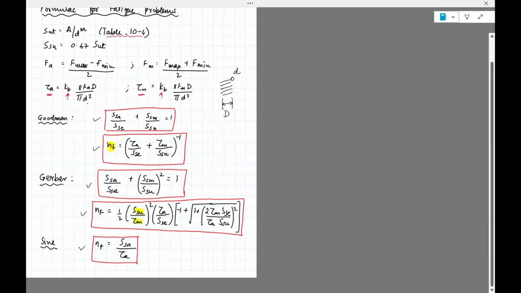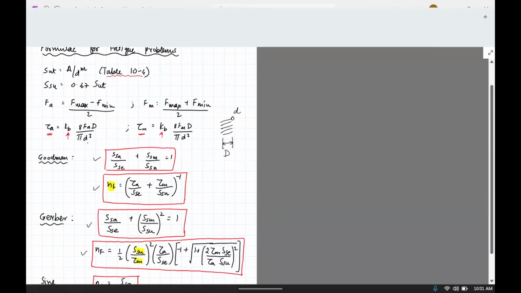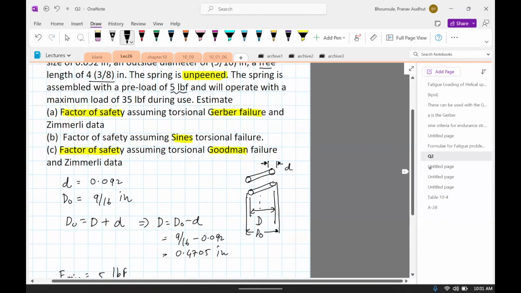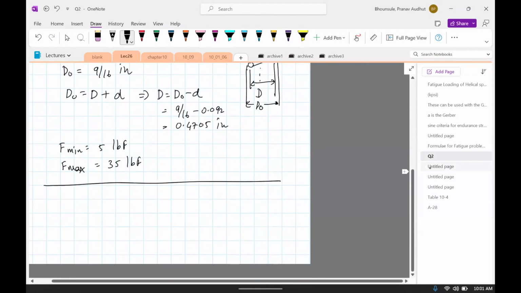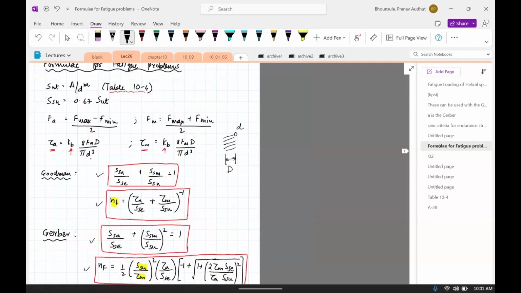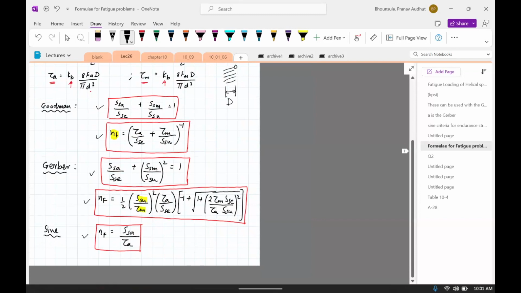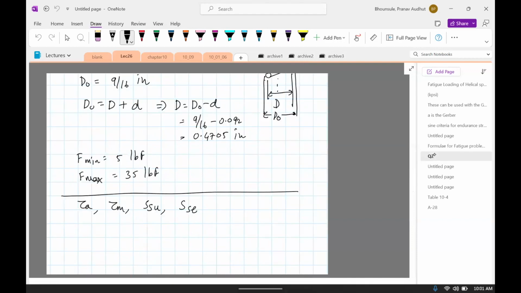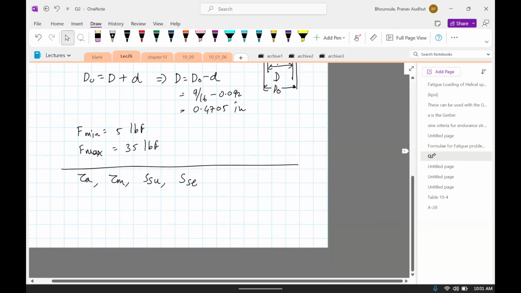So we need tau A, tau M, SSU, SSE, what else? Yeah, that's it. Once you have this, the second part is kind of straightforward.